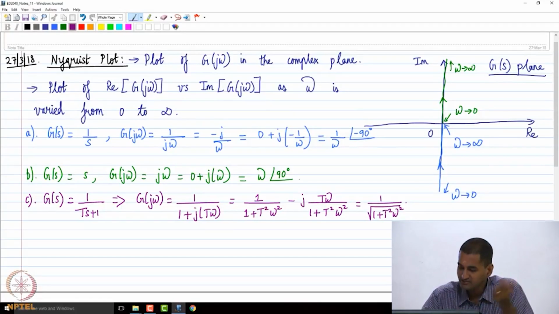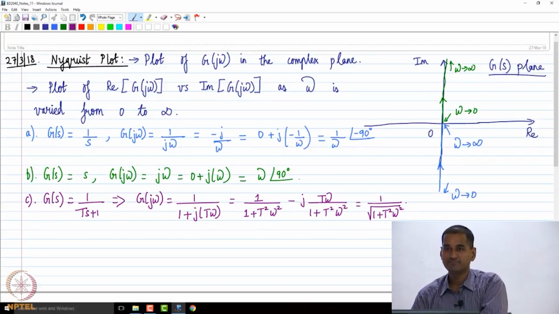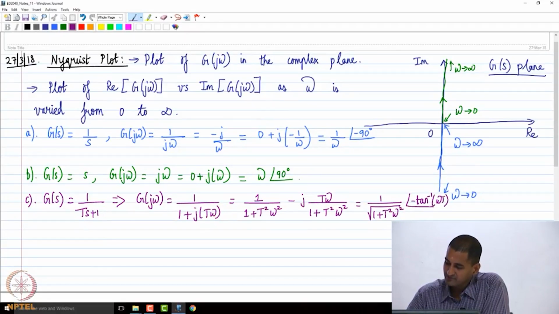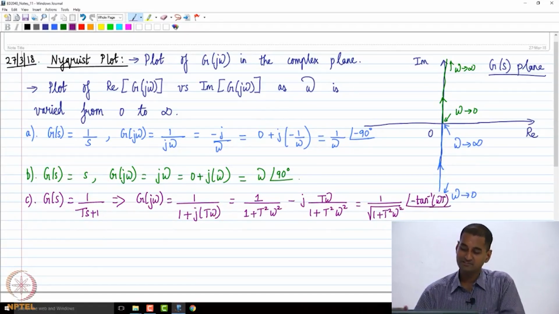And what's going to be the phase? Once again, it's going to be the algebraic sum, right? The phase is going to be minus tan inverse of omega T, right? So that's what we have for this particular factor.